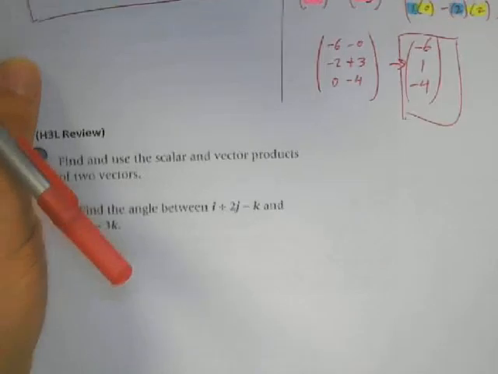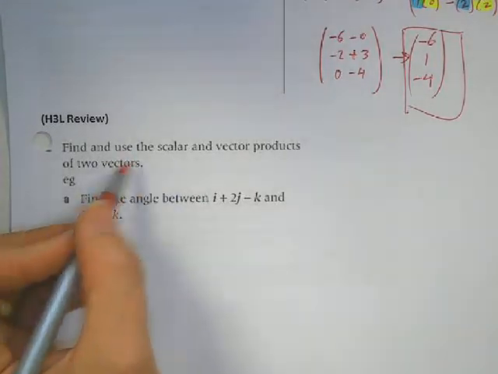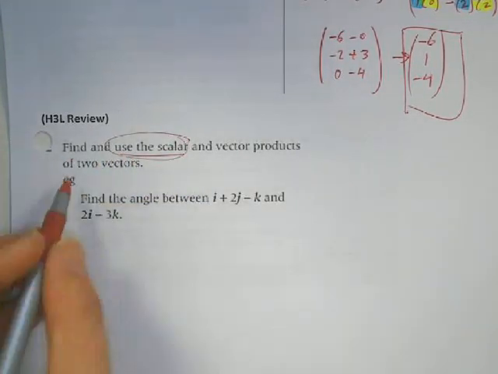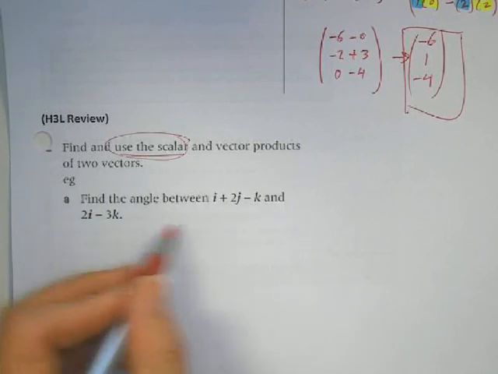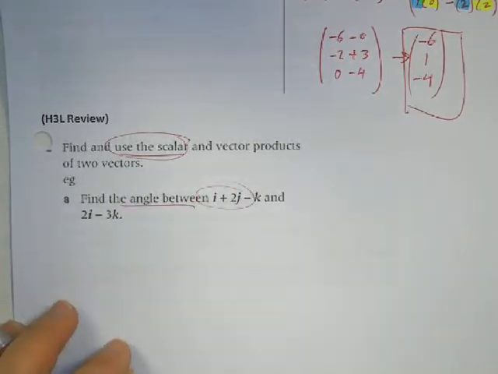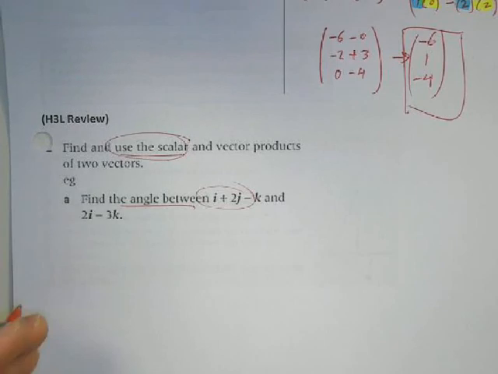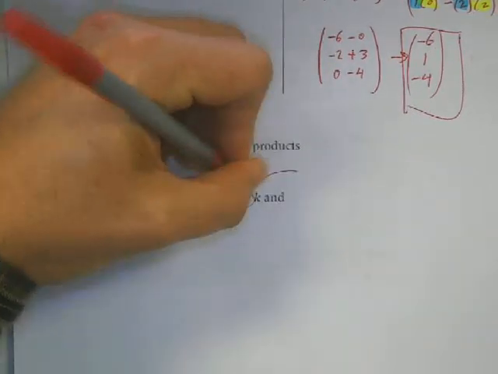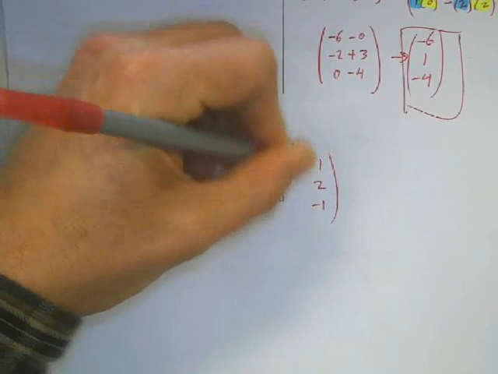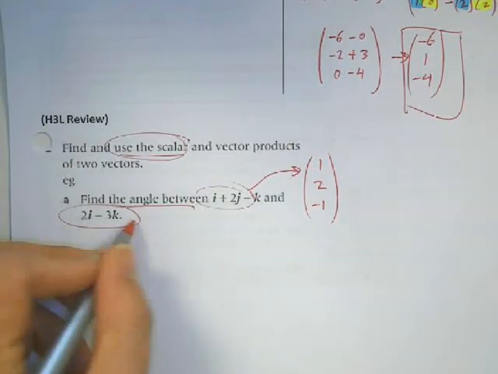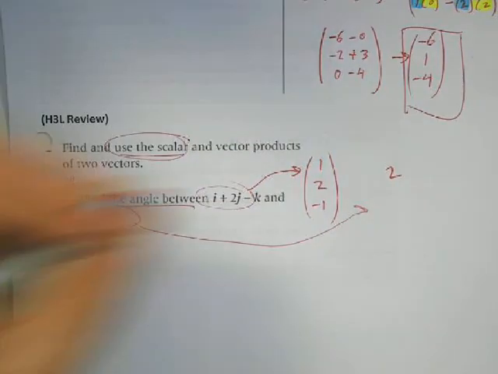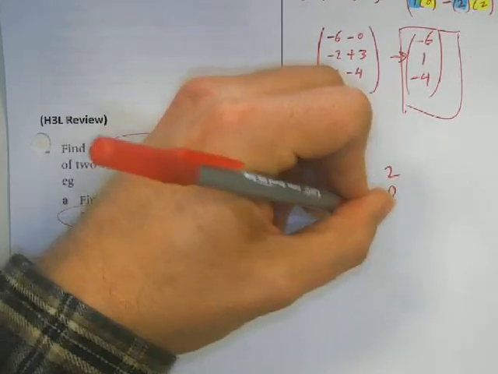Okay, find and use the scalar and vector products of the two. So we want to find the angle between these two things here. This vector is 1, 2, -1, and this vector here is 2, 0, -3.